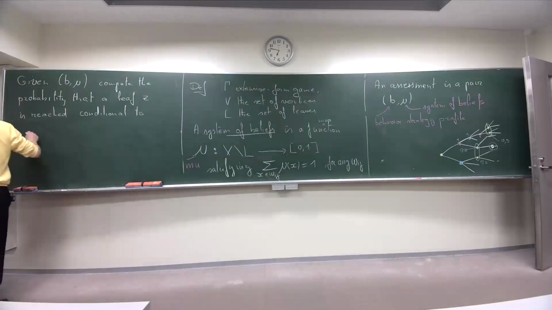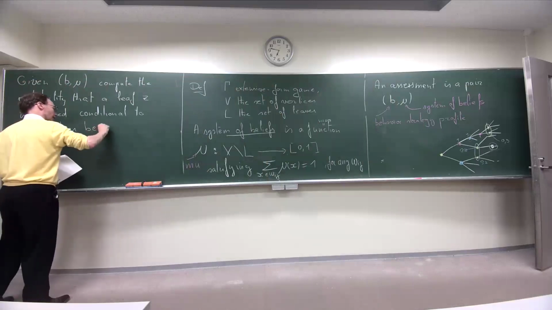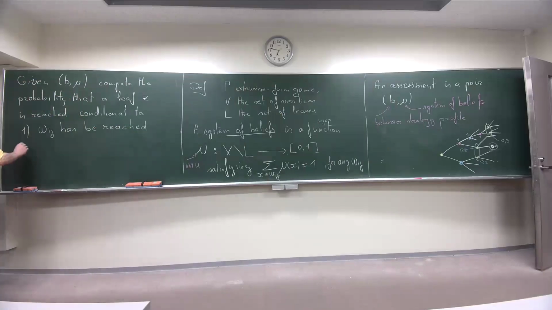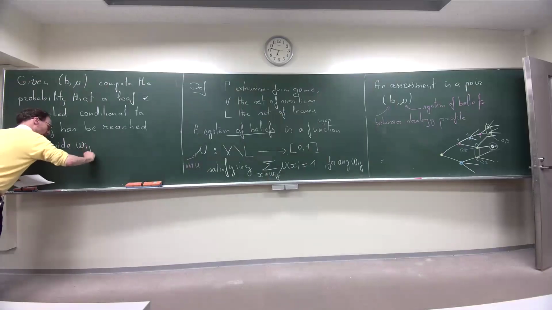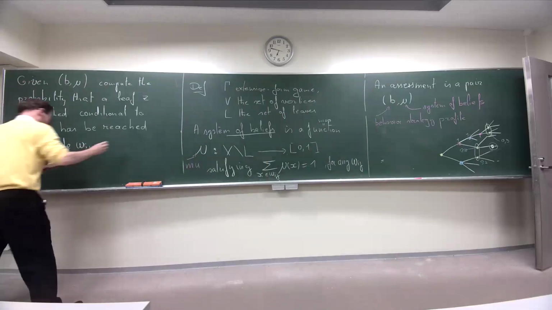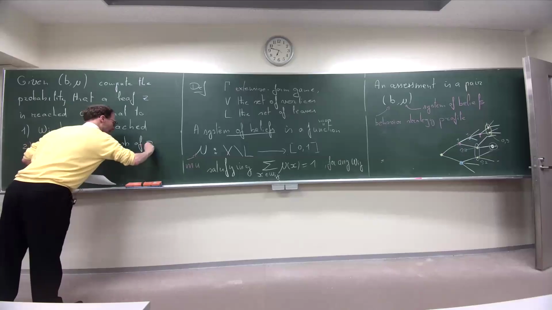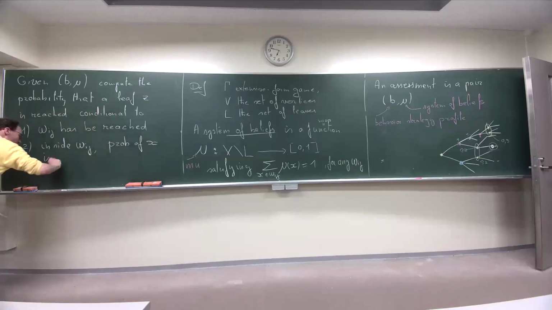There are three conditions. The first one is that omega ij has been reached. I will explain on the picture. The second condition is that inside this information set, the probability of x is given by mu x.